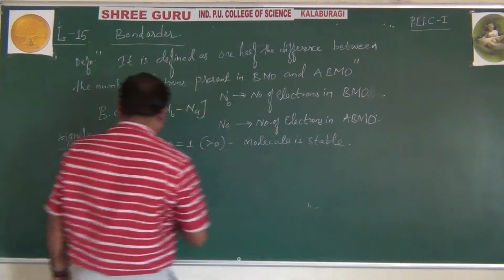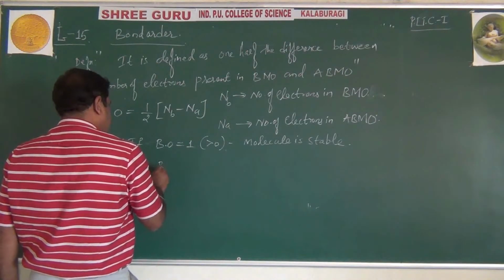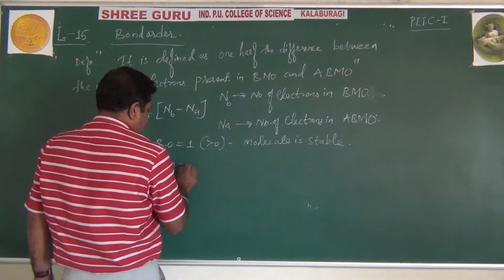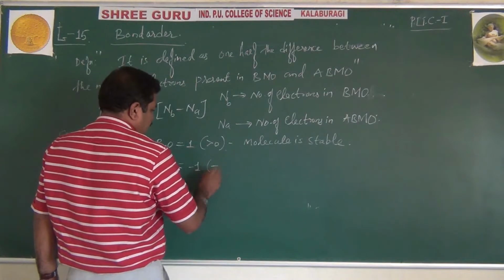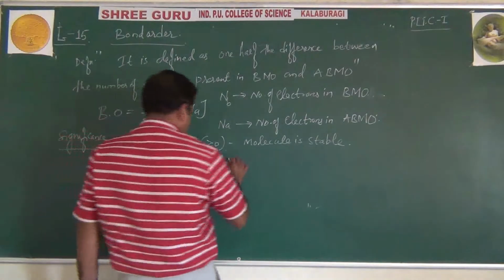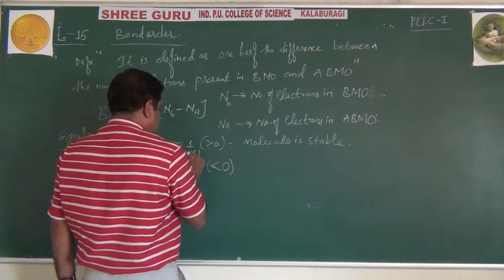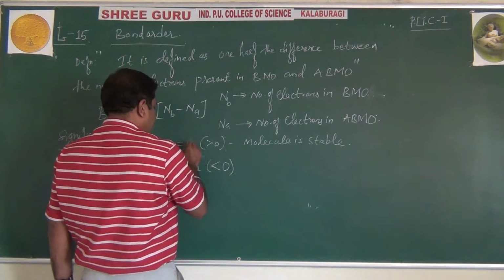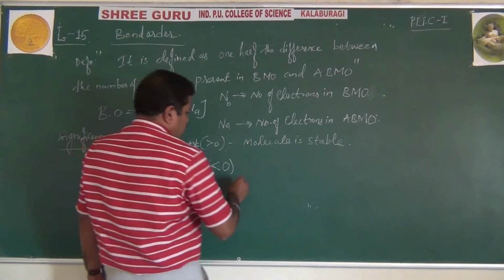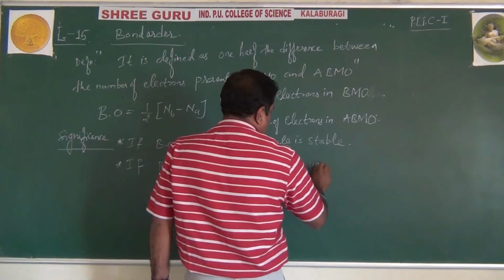Remember, if bond order is less than 0, that is negative, the molecule is unstable.